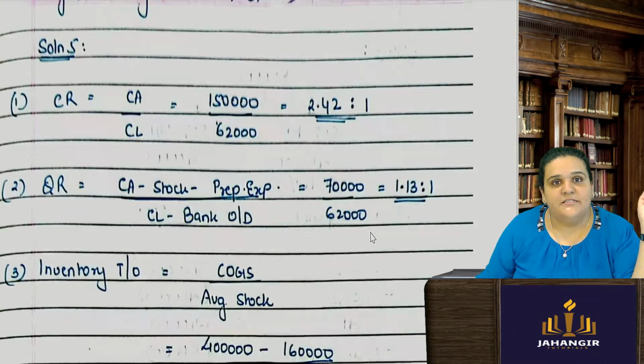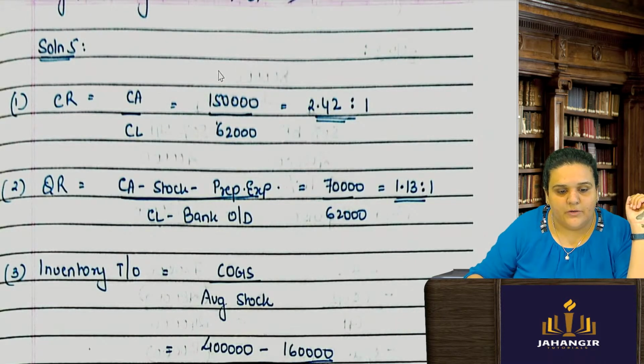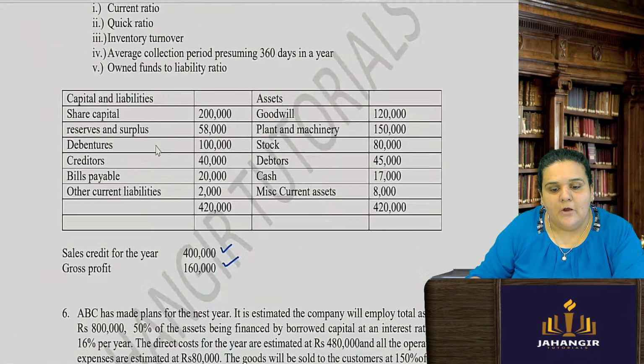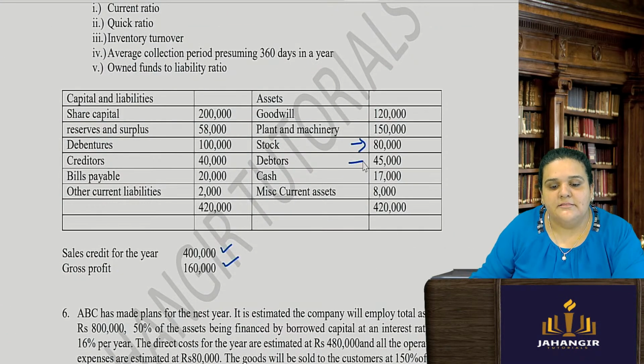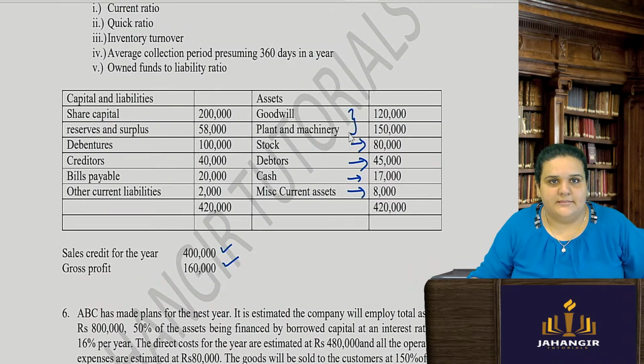Okay. First ratio is current ratio. Current ratio will be current assets upon current liabilities. How much is my current assets? Stock is my current assets. Debtors is my current assets. Cash is my current assets, and other miscellaneous current assets. Goodwill and plant and machinery are not my current assets.